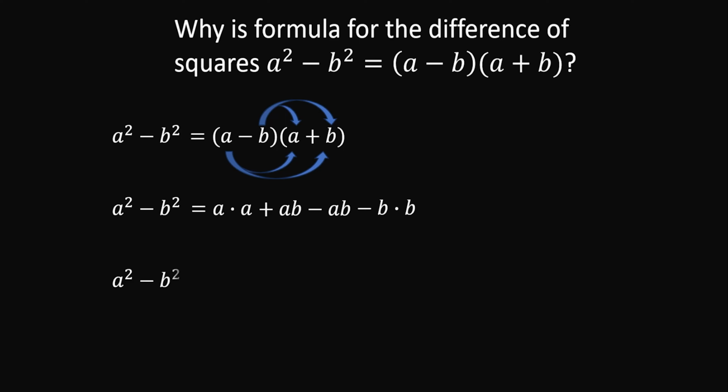Great, so this means that a squared minus b squared is equal to a times a, which is equal to a squared. We can cancel plus ab and minus ab, and we get minus b times b, which equals minus b squared. And as you can see, we have proven this formula with algebra.